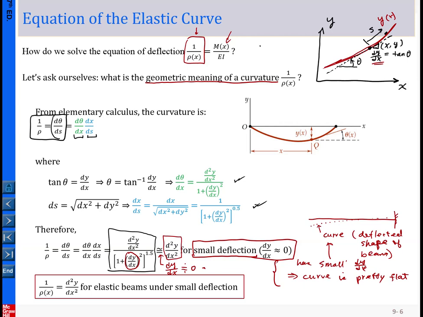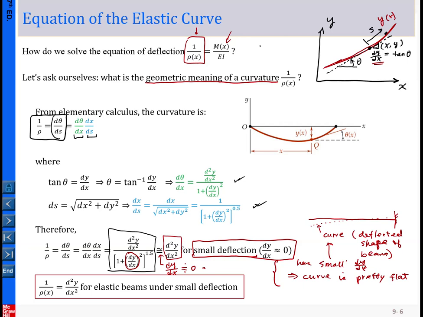And I can tell you, in most engineering applications, the deflection of a beam is in this category. Keep this in mind. This is a very important and practical take-home message: most beam deflections in engineering applications belong to small deflection.